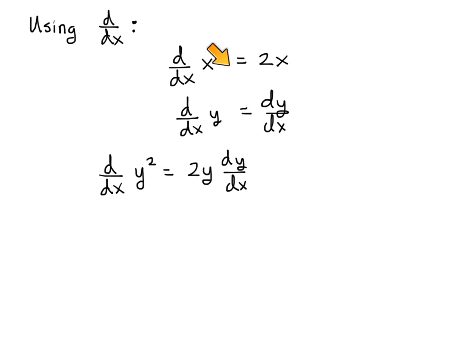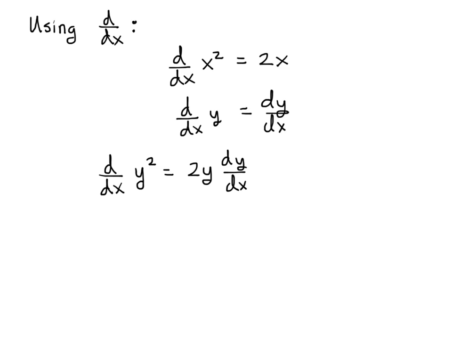Now why don't we do that up here? Well, in fact we can. We can say 2x times the derivative of x. How does x change with respect to x? dx dx is 1, so it vanishes on us. It's the same reasoning as taking the derivative of x with respect to x versus the derivative of y with respect to y.